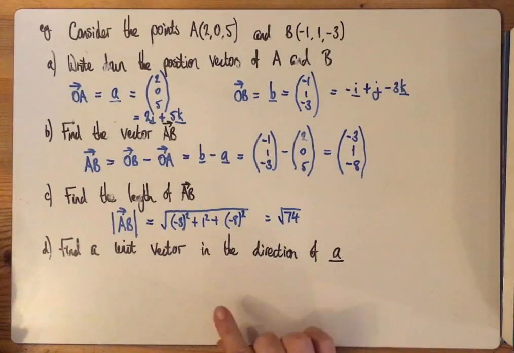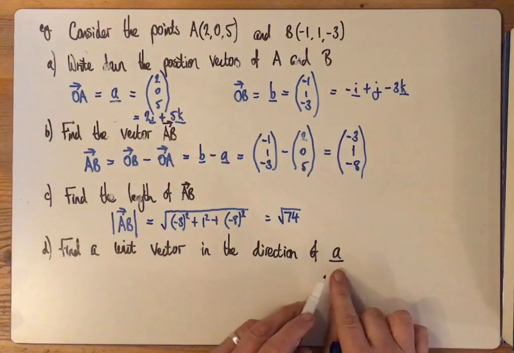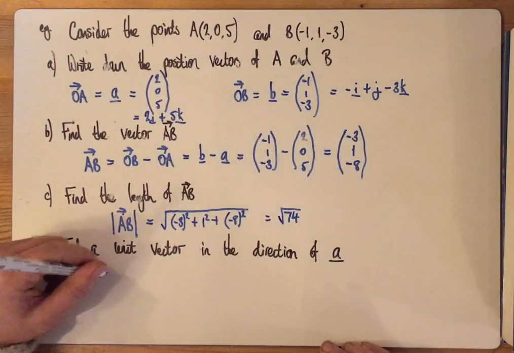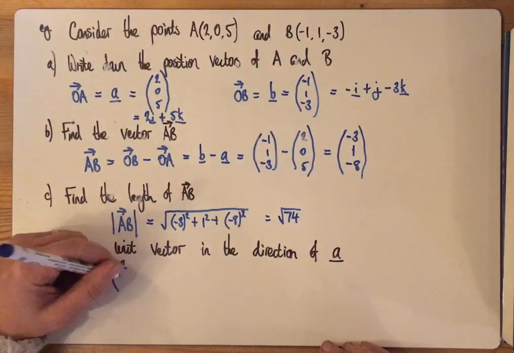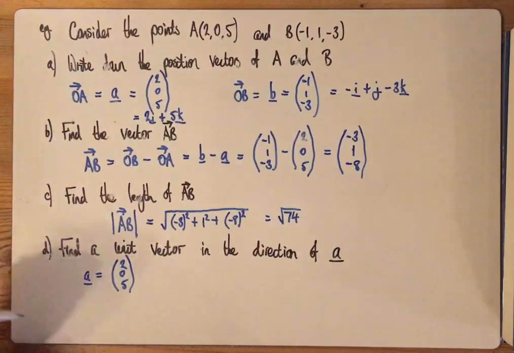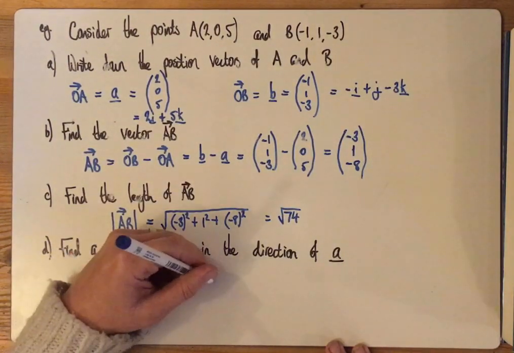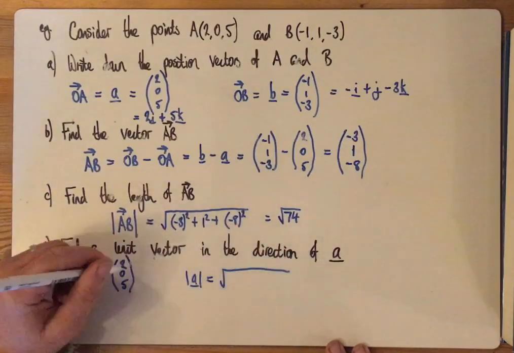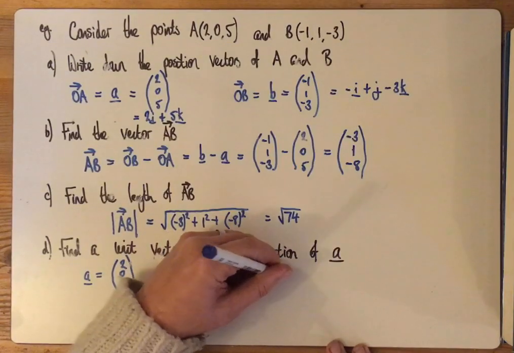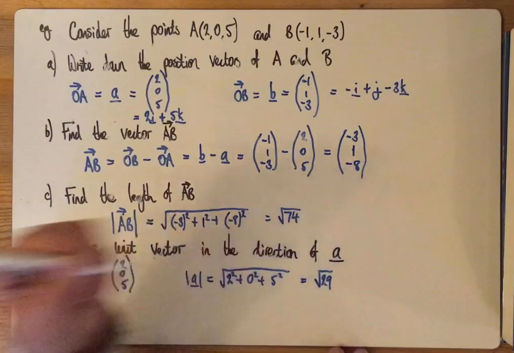And then a unit vector in the direction of A. So A is equal to (2, 0, 5). And to find a unit vector, you need to divide A through by its magnitude. So the magnitude of A is, using Pythagoras, the square root of 2 squared plus 0 squared plus 5 squared, which is root 29.